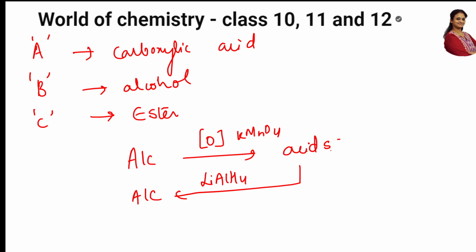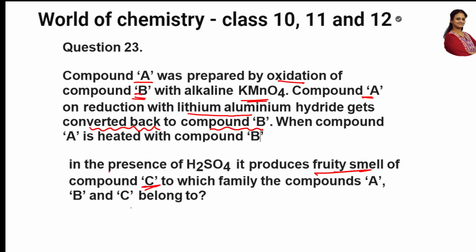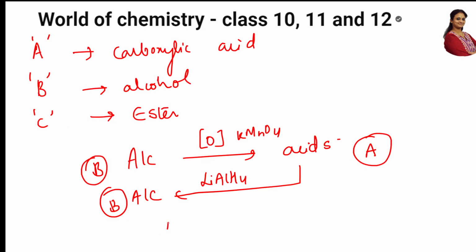So basically acid is A, alcohol is B. One more thing they said, when A is heated with compound B, so A and B, when you're heating with sulfuric acid, which reaction is that? It is an esterification reaction. You get compound C, that is nothing but an ester.